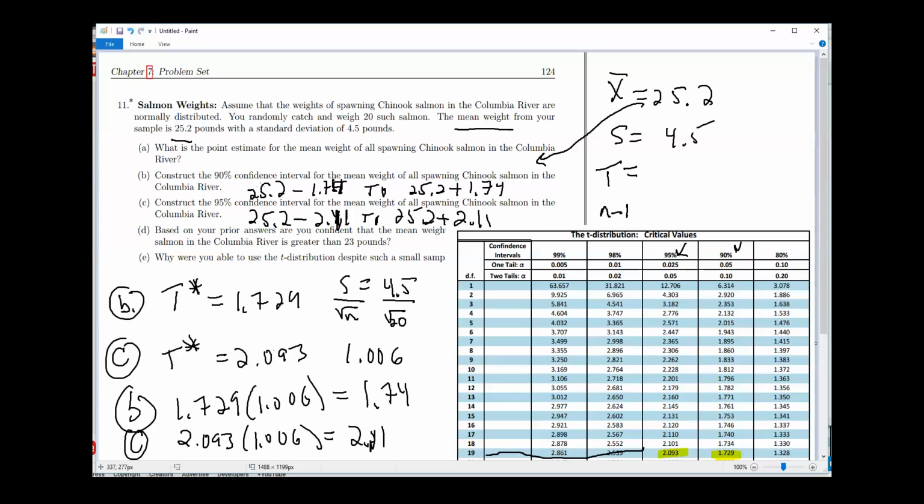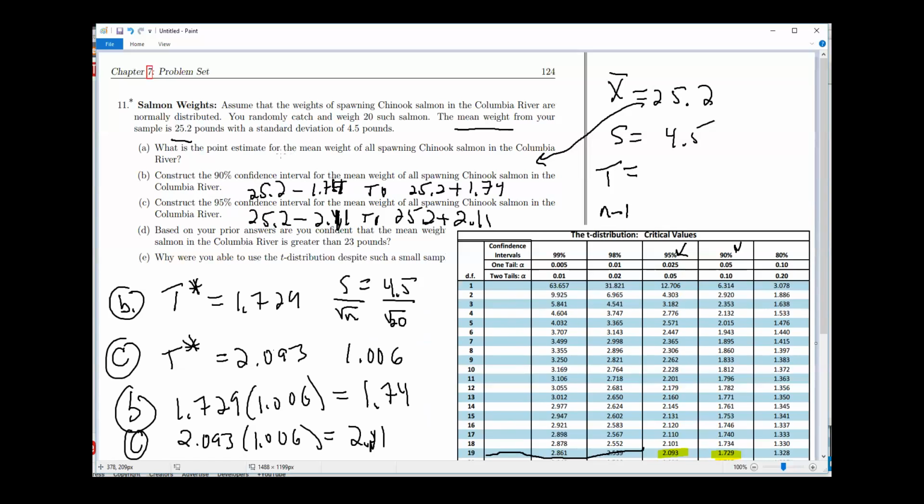At least we're 90% confident it does. There's a little bit of flexibility there; it could be wrong by 10% or 5% either way. Then the last one is 25.2 minus 2.11, which gave me 23.09, so that's also higher. So I'm fairly confident that we've got that average of 23 pounds beat.